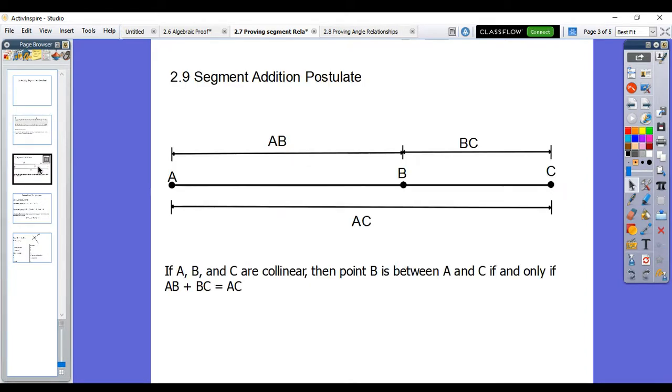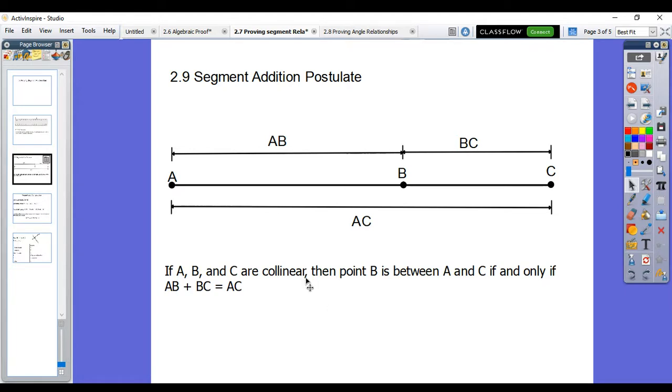Okay. Now, let's talk about the segment addition postulate. And this, my friends, is very important because we will use this a lot. Not just this chapter, but next chapter, and anytime we deal with segments. Also, when we're finding distance, we did this without actually talking about it.